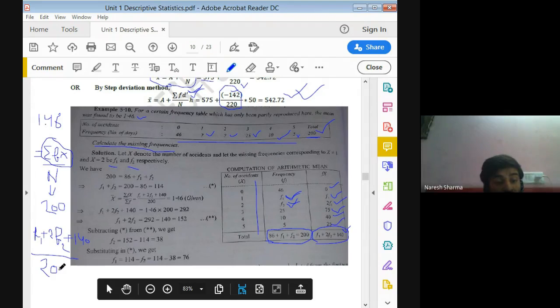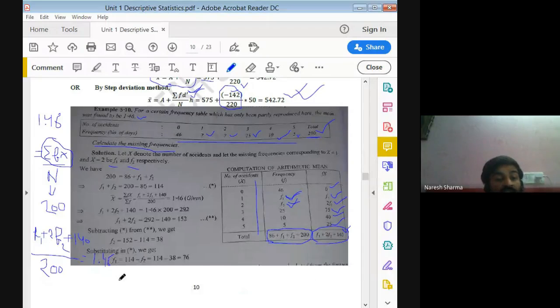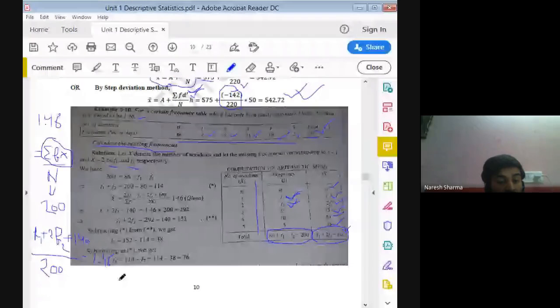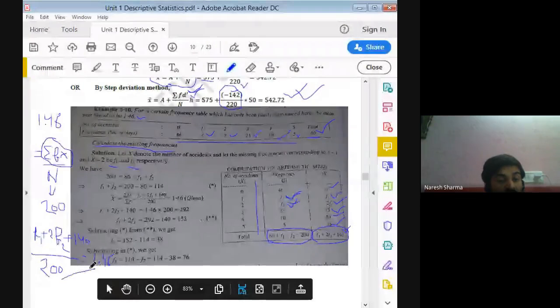But in the statement, mean is already given, which is 1.46. Sorry, 1.46. We never call it as 46 because it is after the point, which means it is less than 1. Actually, it should be 1.46. So we may cross multiply, shifting 200 to the right hand side.